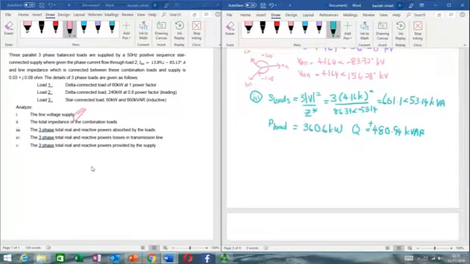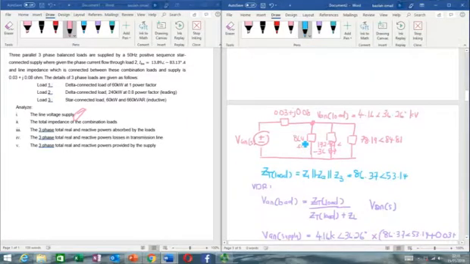Okay, so next for question 4, real and reactive power losses in the transmission line. For this question, we have information for the line voltage, but we don't have the voltage at this line.